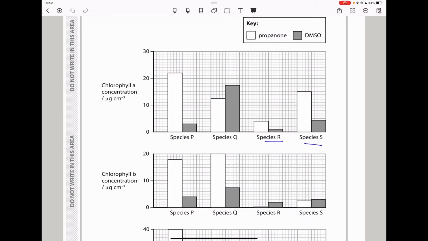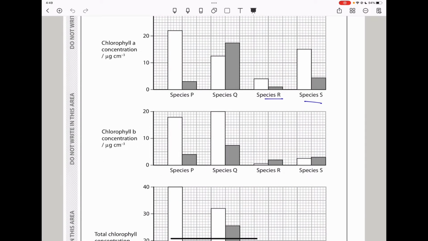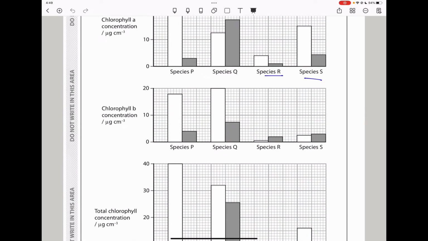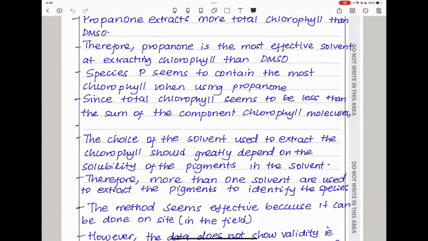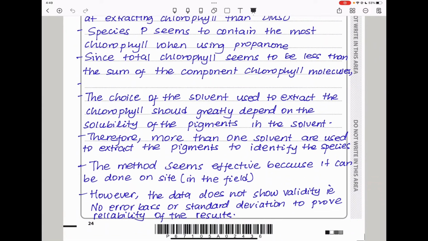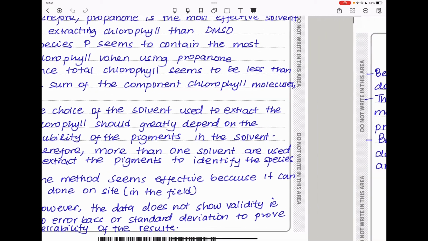We do not have the error bars to show us which was the minimum, which was maximum, so that we can know that the experiments were repeated and the mean was calculated. Based on the data given to us, we do not know if a mean was calculated because there are no error bars. We do not have the standard deviation. So this could be a good comment on the results, explaining to the examiner that maybe the results are not that valid. Moving on to the next page.